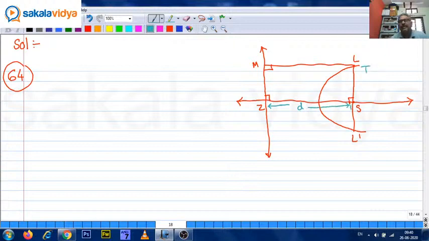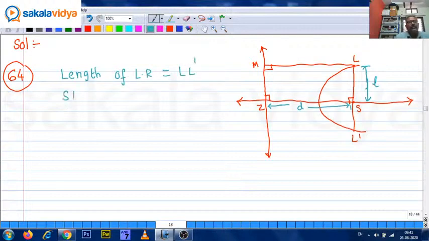This length is actually half of the latus rectum, say L. Here to here, say L. That is actually the semi-latus rectum, called half of the latus rectum. SL is equal to L. Now the length of latus rectum equals LL dash.